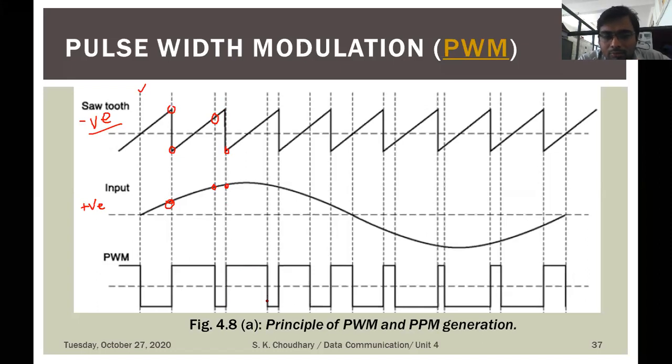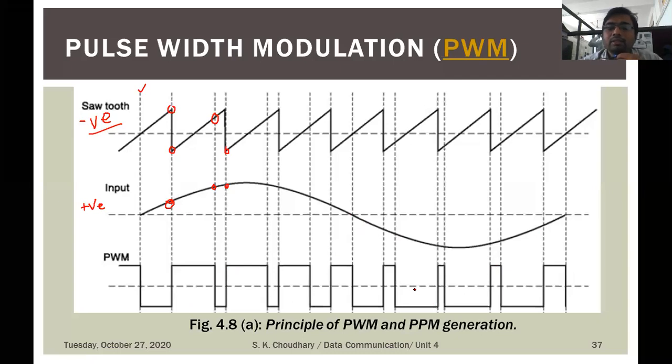You can see that when the input signal is on the positive axis, or above, the negative pulse widths are less and the positive pulse widths are more. And when it crosses the time domain reference axis and goes to the negative side, the positive pulses have a small width and the negative pulses have the larger width.